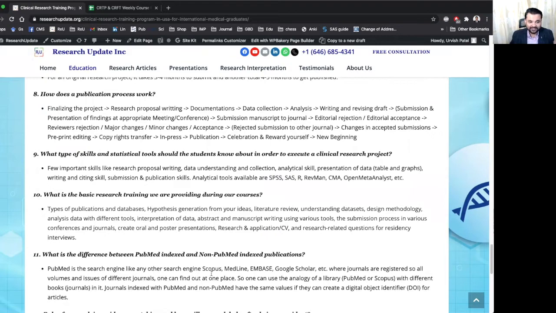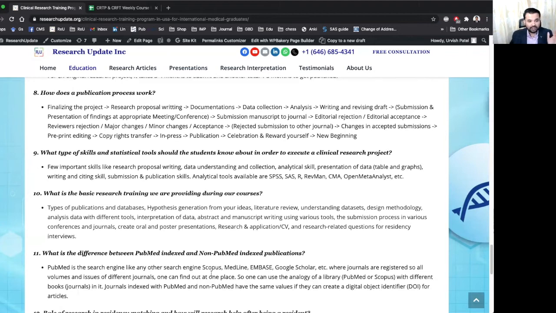What research training are we providing during the classes? Whatever I mentioned above: all those trainings, from learning the types of publication and databases, hypothesis generation, and literature review, understanding of databases, analytical skill, writing skill, submission skill, and how to respond with the proper findings when your article is coming back from the reviewer.